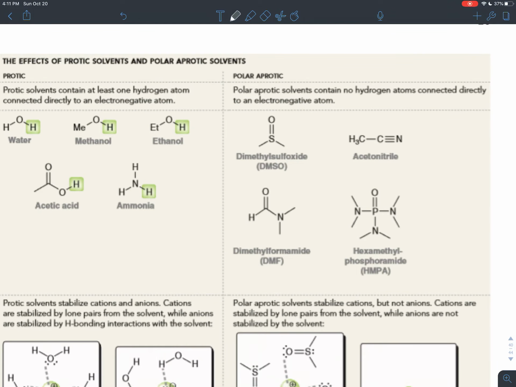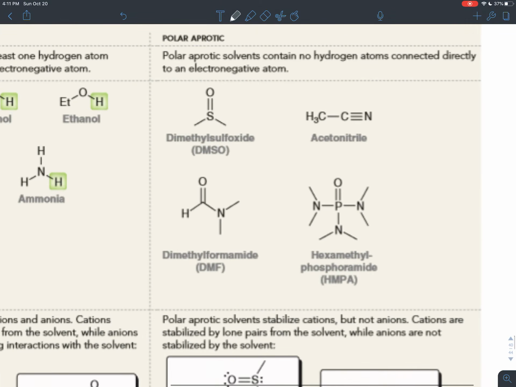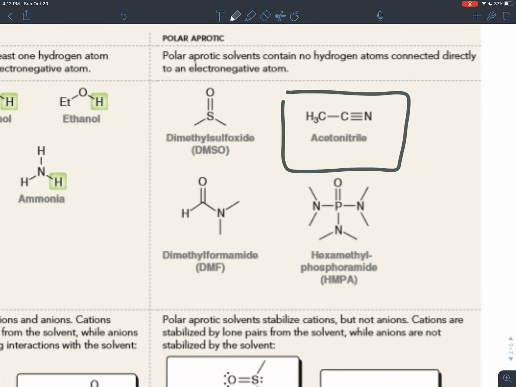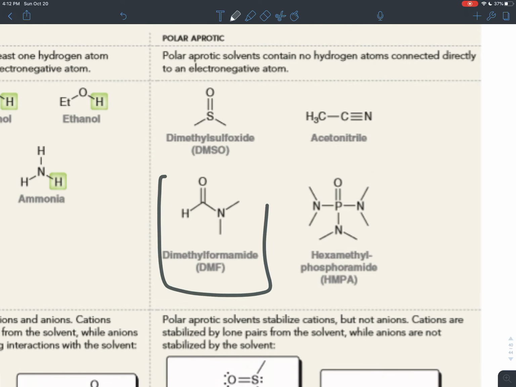And those are very common. Examples of polar aprotic solvents are dimethyl sulfoxide, which we just saw, and all of these other ones. Now, you really should know these, especially acetonitrile. You'll see that a lot in actual chemistry labs. DMF is really common too. It's really best to know all of these.